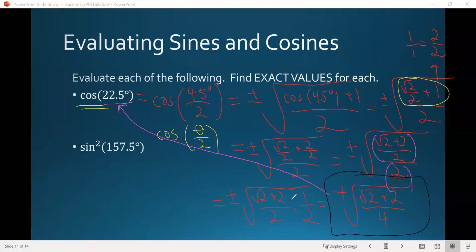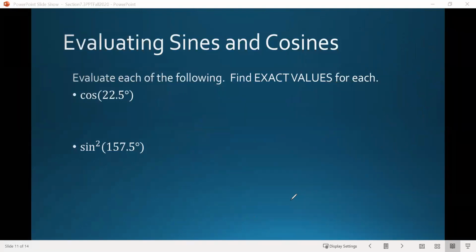Isn't that sweet? All right, let's look at finding sine squared of 157.5. And even though we're going to find sine squared here, as you can imagine, once we get it, whatever it is, so let's say it's equal to some number, we could very easily take the square root on both sides to then find the actual sine of 157.5.